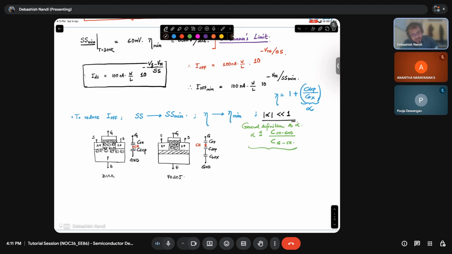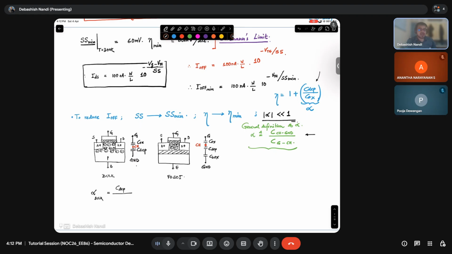So what is alpha in case of bulk MOSFET from this equation? Bulk MOSFET alpha is this, right? What is the capacitance I am seeing between channel to ground in bulk MOSFET? C depletion.